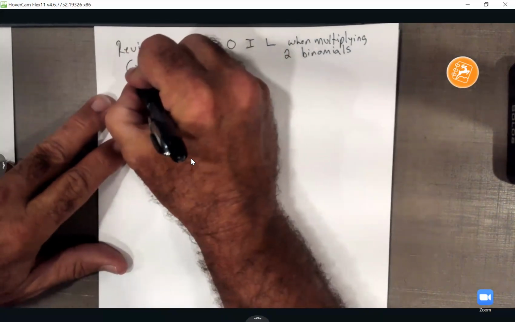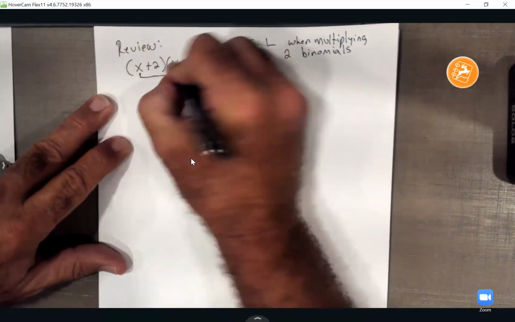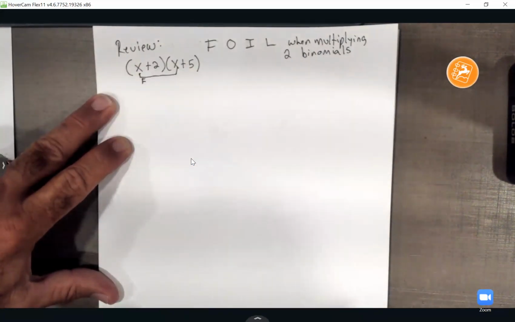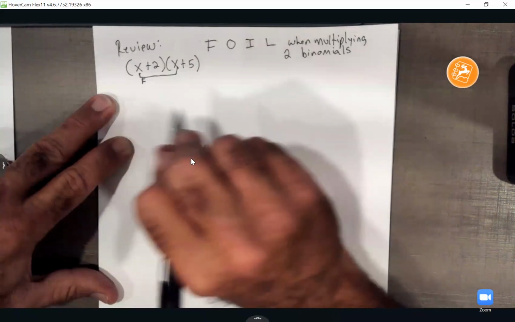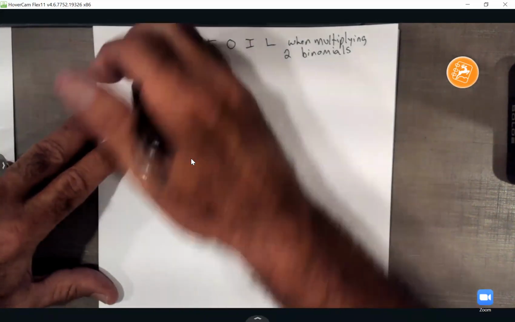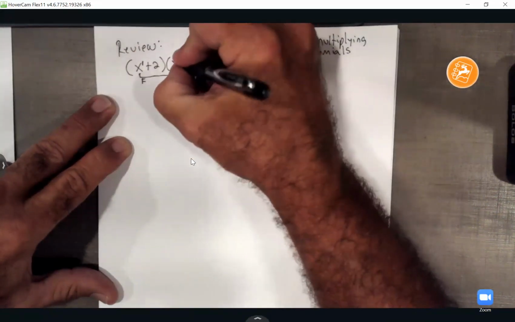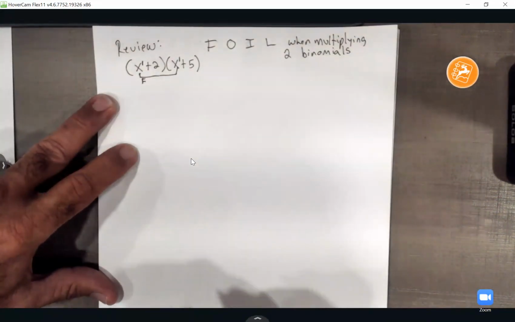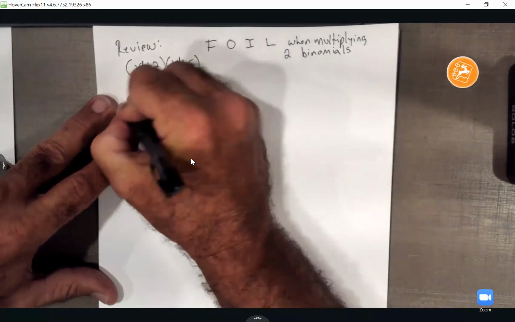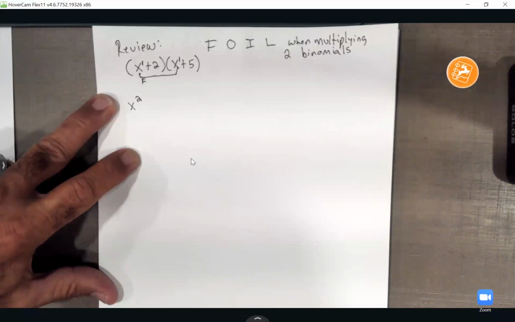So y'all watch what we got. F is for the first one from each parenthesis. So y'all, when you multiply variables, you add those exponents, and since these x's do not have an exponent, you treat them like 1. So x times x, 1 plus 1 would give me an x squared.